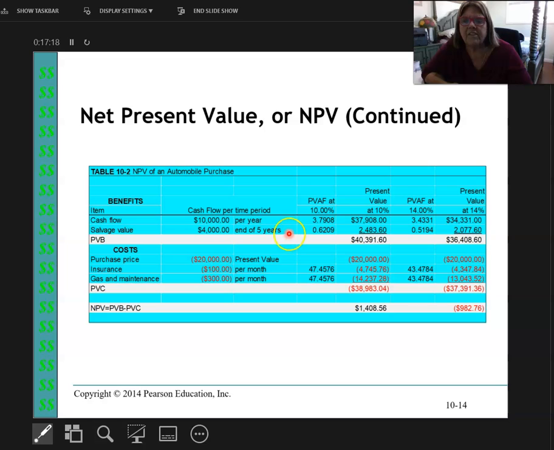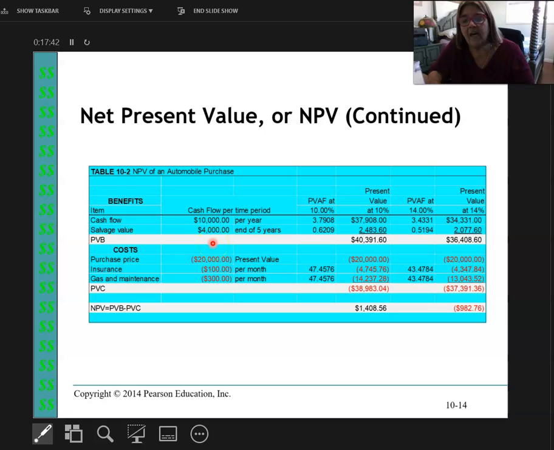So if you look back at my time value of money chart, present value of annuity, you're going to find this multiplier, 10%, 5 years. So the present value would be this much money. If I was doing it at 14%, here would be my multiplier. So this just gives you different percent values.